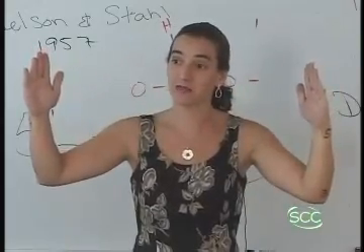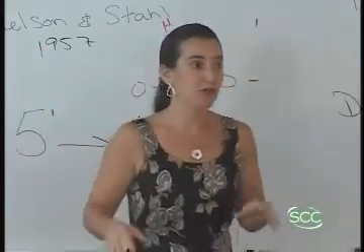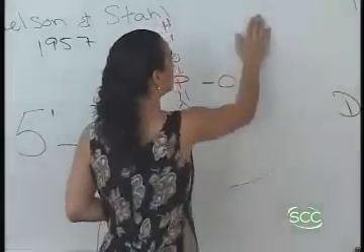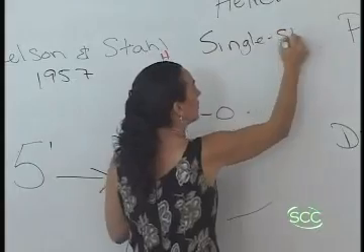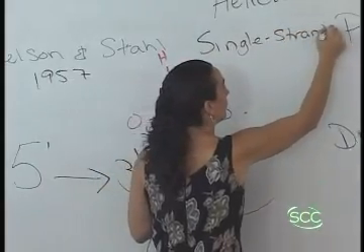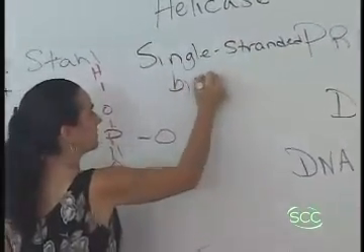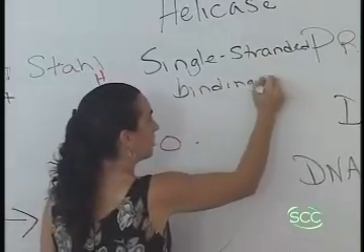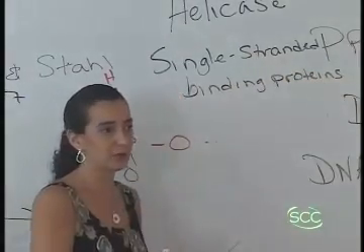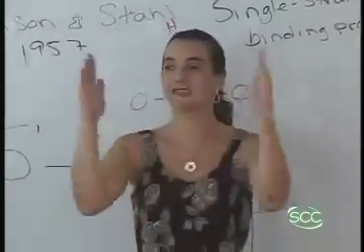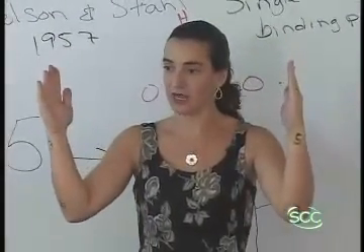Once it gets it unzipped, other proteins come in and bind too, which are known as single-stranded binding proteins. And what these will do is keep it as a single strand.